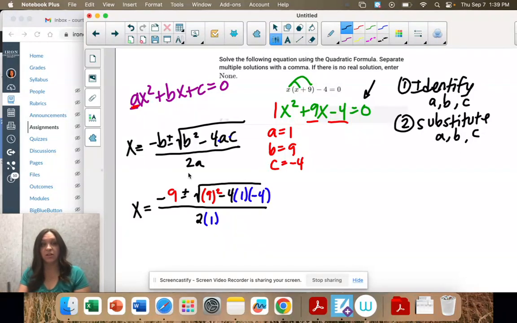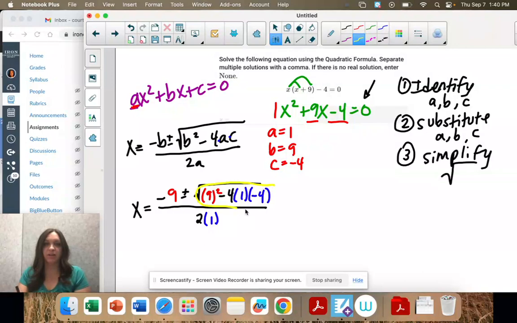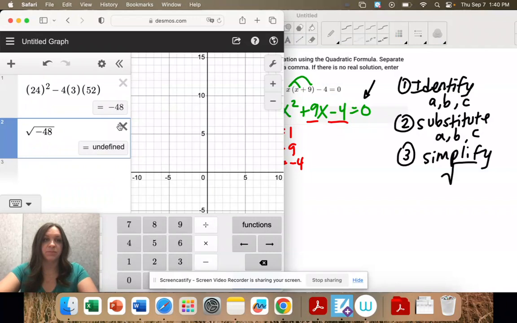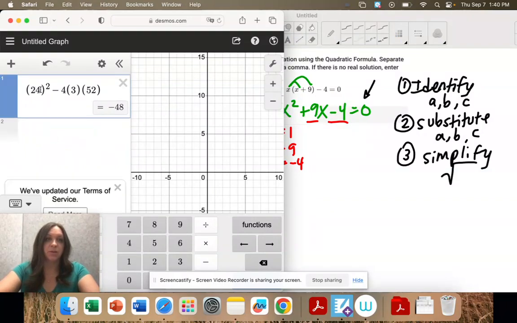So once everything's all in, you're going to simplify and start with the square root. So everything under the square root right here, I'm going to put into the calculator. So 9 squared minus 4ac, not 1, 4.